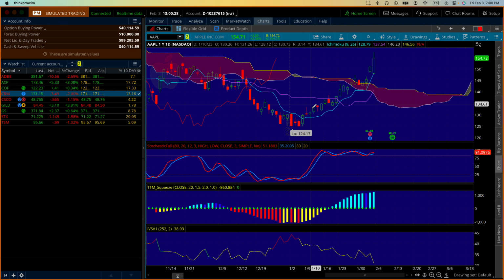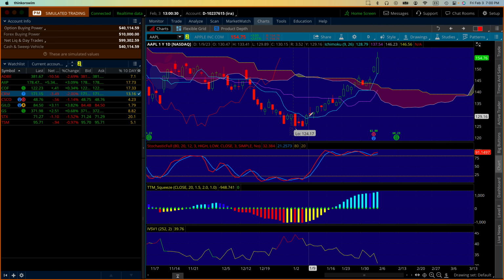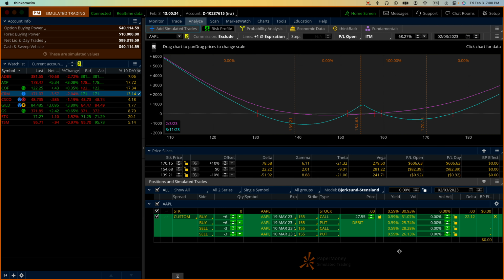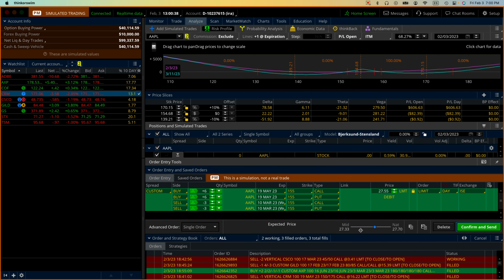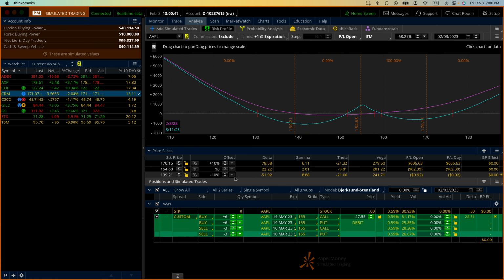Really, it's potentially a good trade, but it's got that stop and two positives and two negatives. I think if we create duplicate order, we'd see the mid versus natural is very, very small. Okay, so the volatility is still declining, and the stock didn't beat expectations.